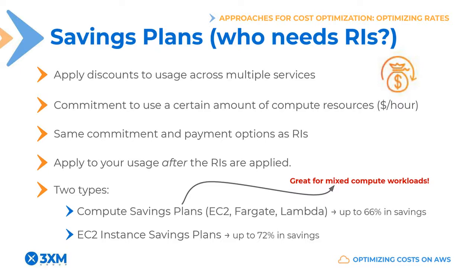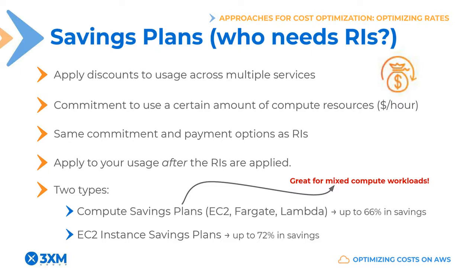For example, C5.2xlarge or C5.large instances are within the same family, which is C5, within a specific AWS region. But they also let you switch platform from Windows to Linux, for example, and continue to benefit without having to make any changes to the plan. So they give you more flexibility than standard reserved instances in that sense.